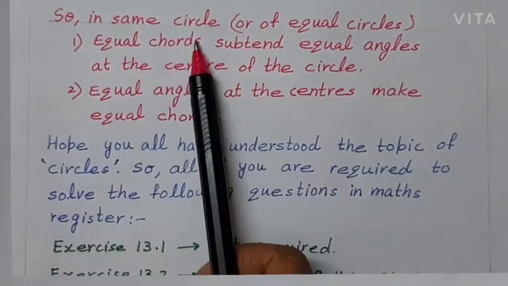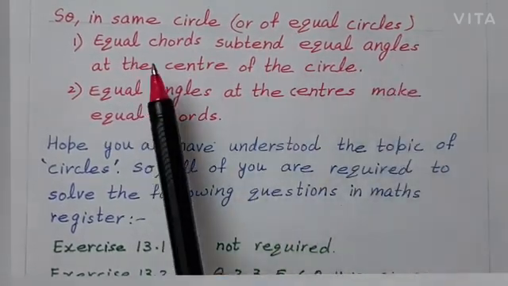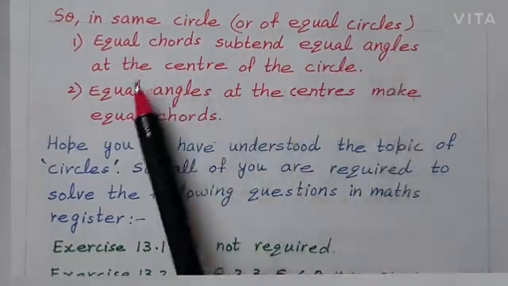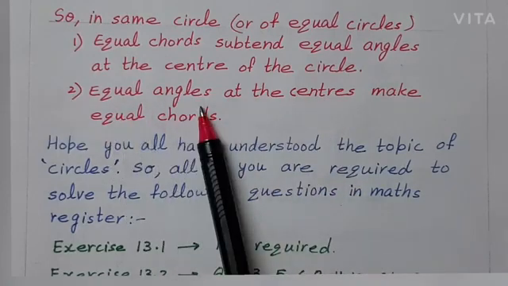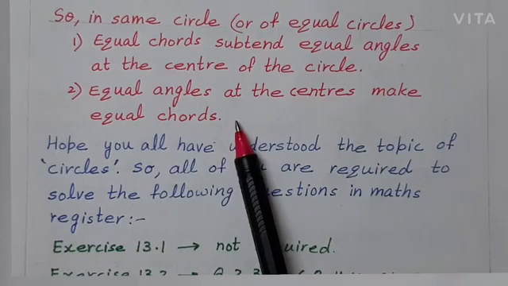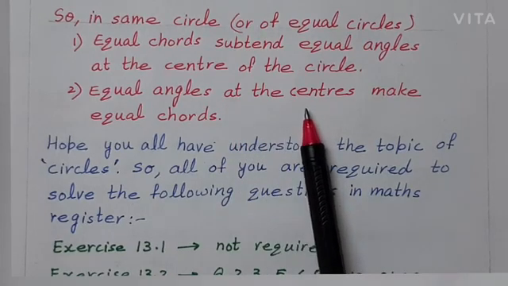So, in the same circle or of equal circles, equal chords subtend equal angles at the center of the circle and equal angles at the center make equal chords. This means if chords are equal, then the angle at the center is also equal and their arcs are also equal. I hope it is clear.